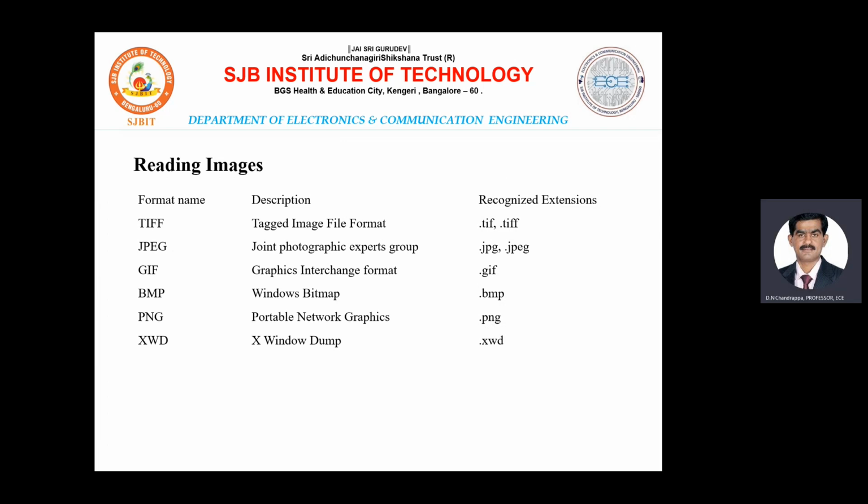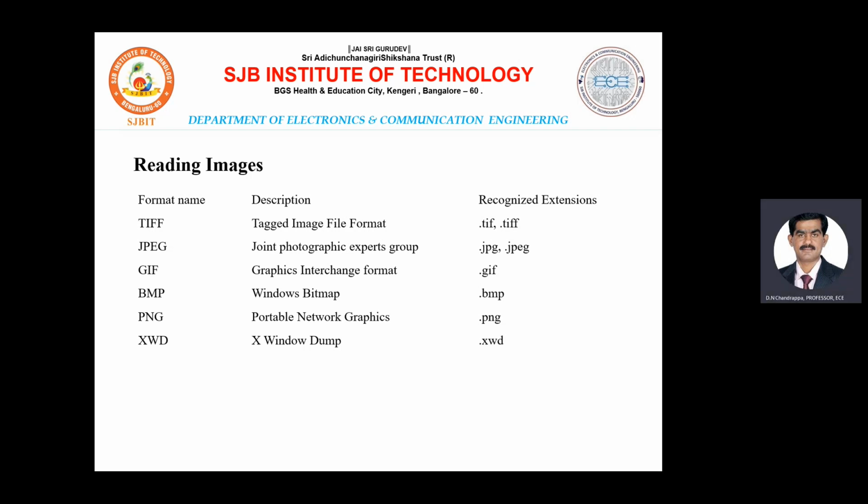Then, how to read images? The primary name could be anything, but the second name, the extension, is very important. We have different formats of images, mainly these 6 formats.